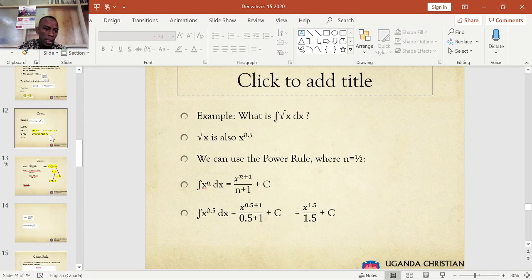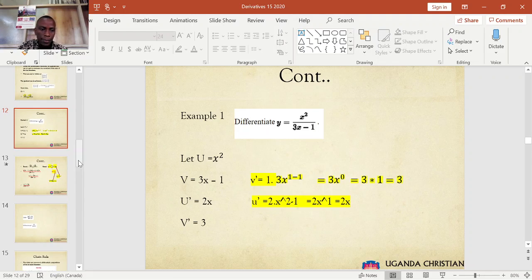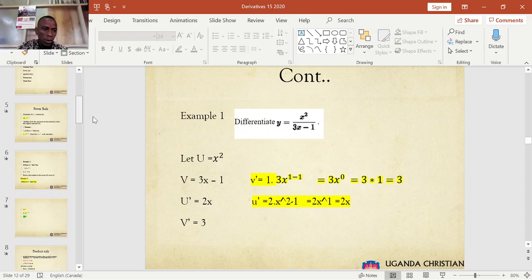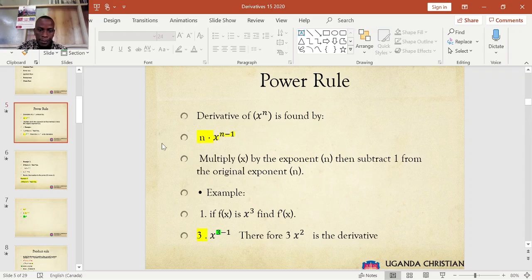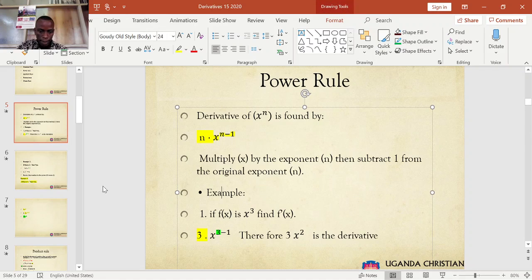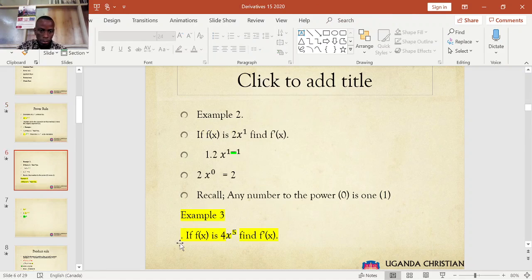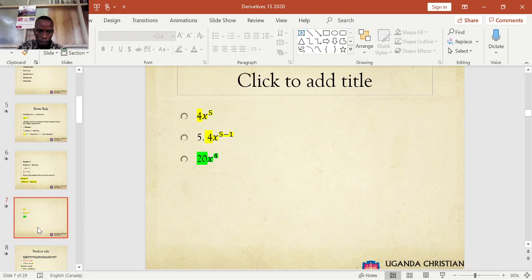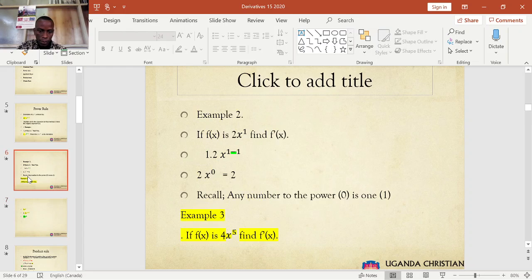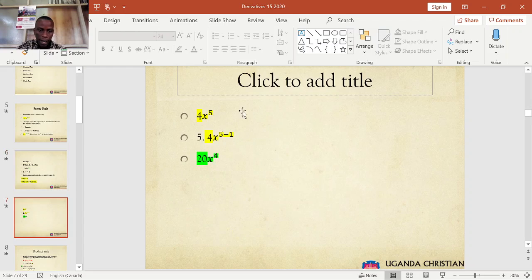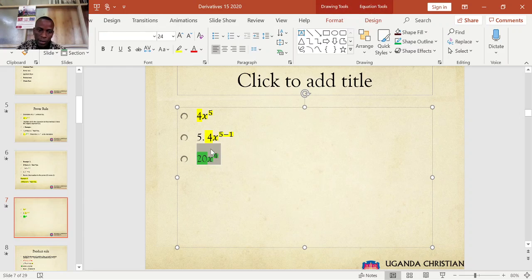It was 4x to the power 5, which gave us 20x to the power 4.